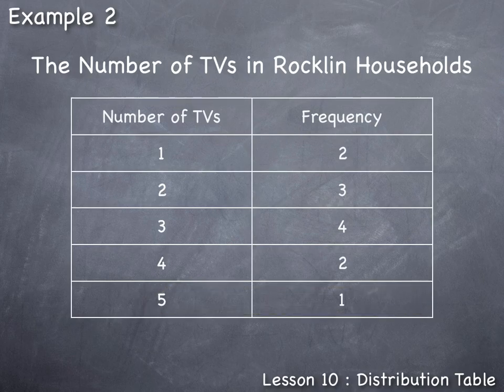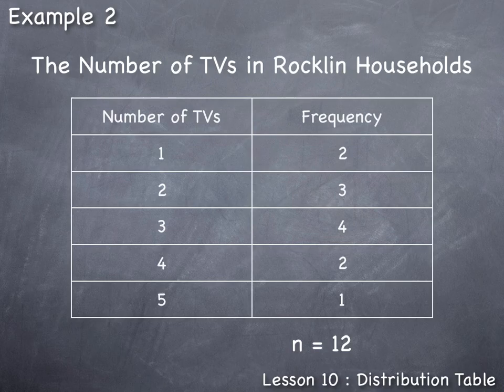So here's our completed frequency distribution table for the number of TVs in Rockland households. As a check, if you were to sum up all the frequencies, you would get the total sample size. In this case, the frequencies do indeed add up to 12, the total sample size for number of households in this sample.